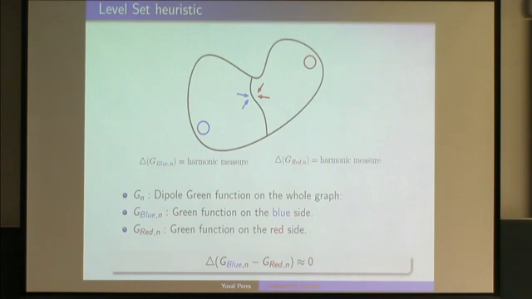Gn is the dipole Green function for the whole domain. Okay, and this is G for blue and red. So again, this is part of the heuristic understanding of what this interface should be in a different way. Gn is just the dipole Green function on the graph. Okay. Yeah. Sorry.